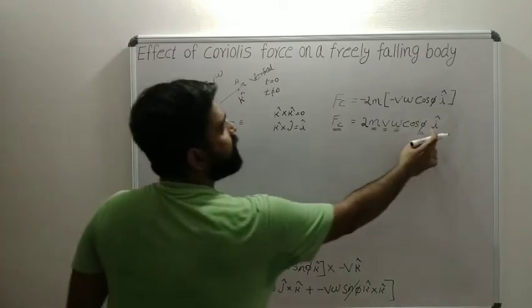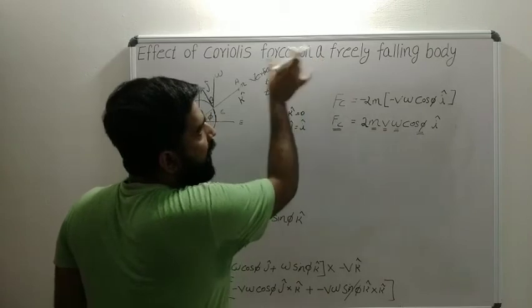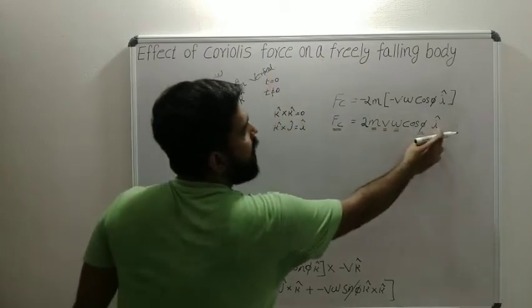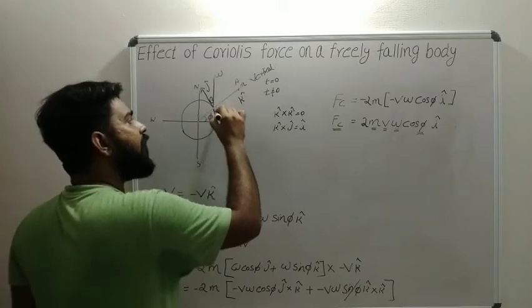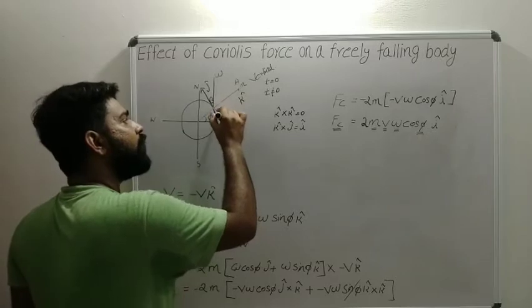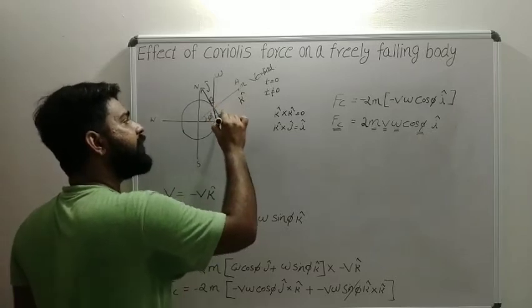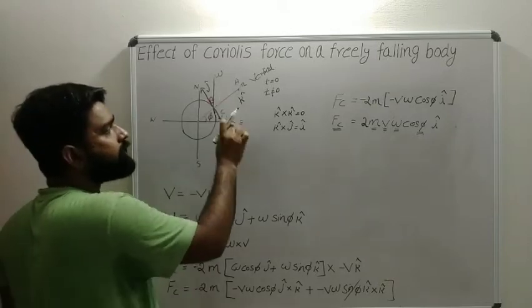Because there is a deviation in the path due to the Coriolis force, and the direction of the force is i cap, which means towards the east.